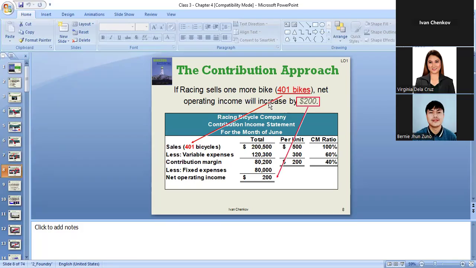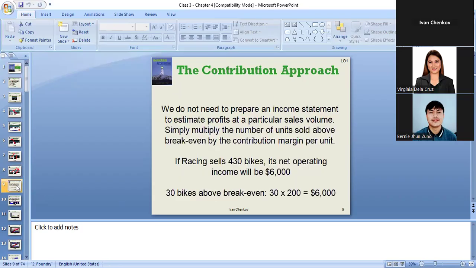But if they sell one additional unit after the break-even point, the contribution margin from that additional unit is going to flow to our operating income. That's why it's important to understand the contribution margin per unit, because for every additional unit that you sell, the contribution margin for that unit comes to your operating income.